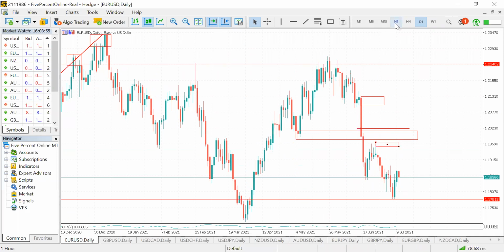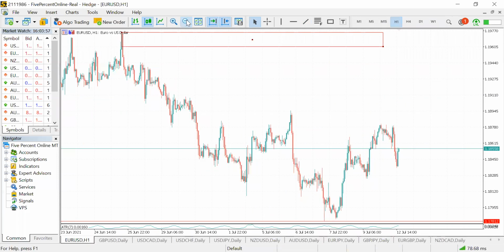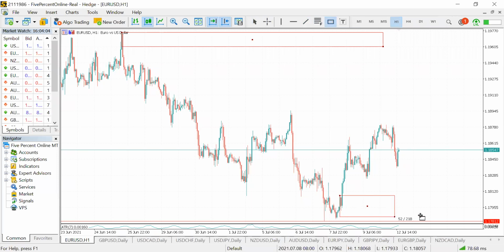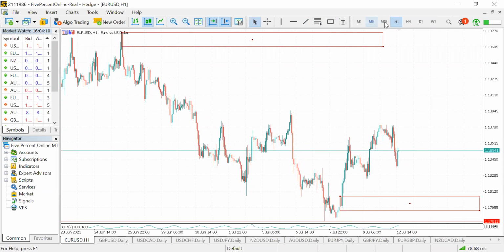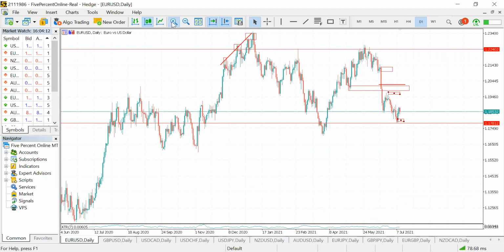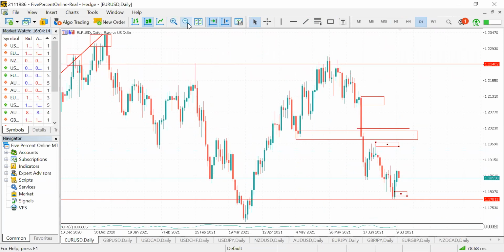And for buying opportunities, let's see if there's some demand. I guess this could be a demand area. Let me see if there's any other. No. Okay, so there's demand down here, and there's supply all this area here.